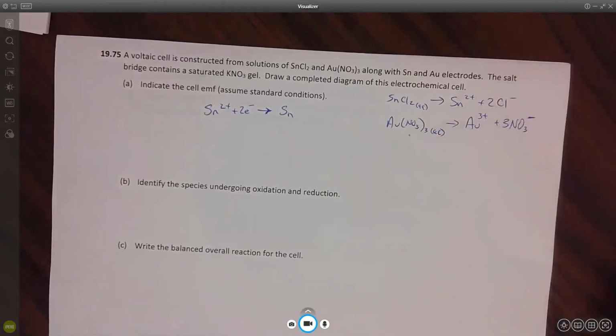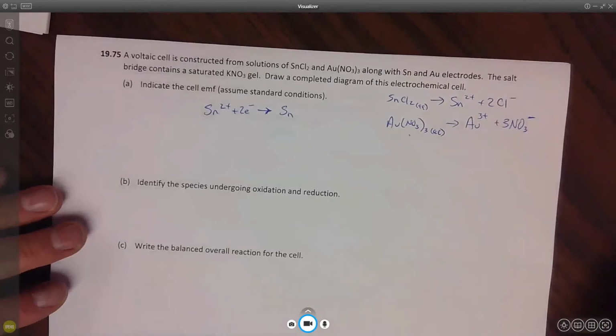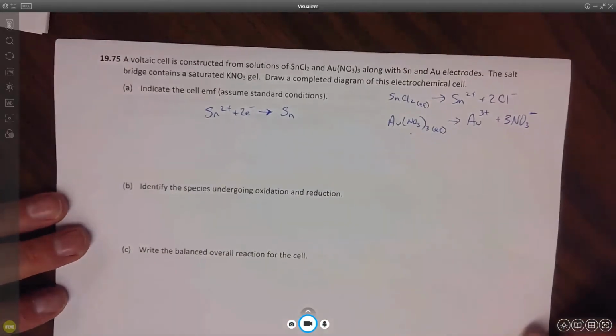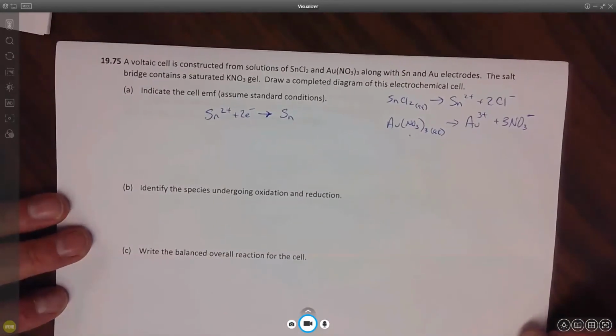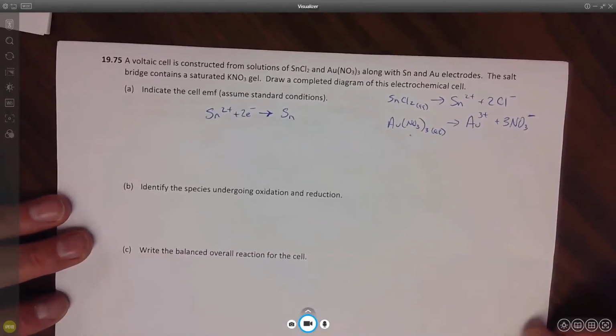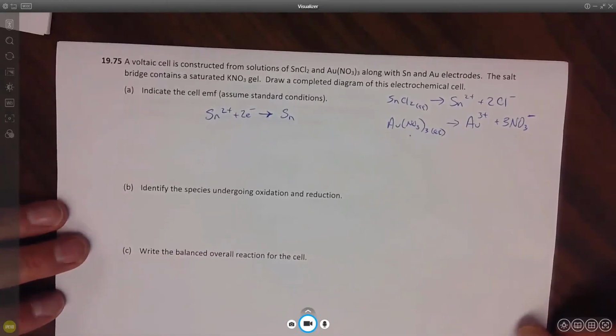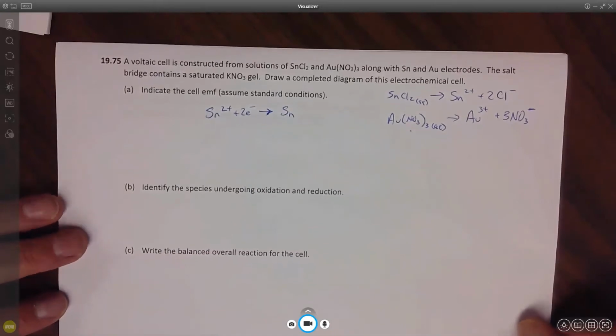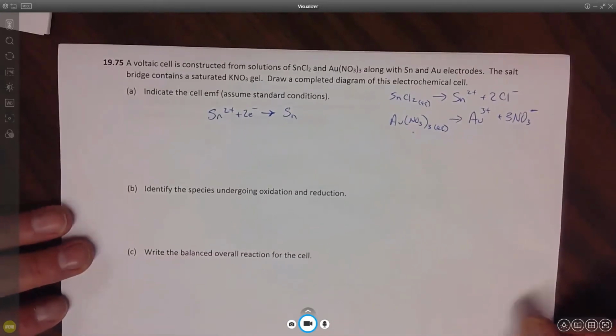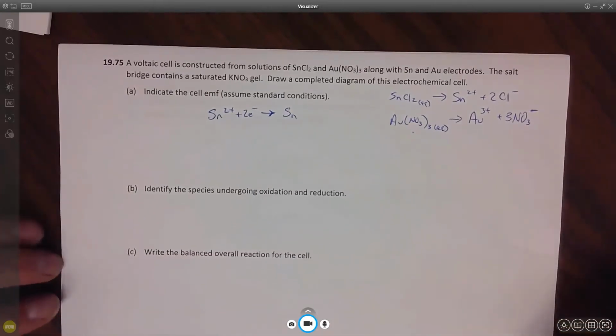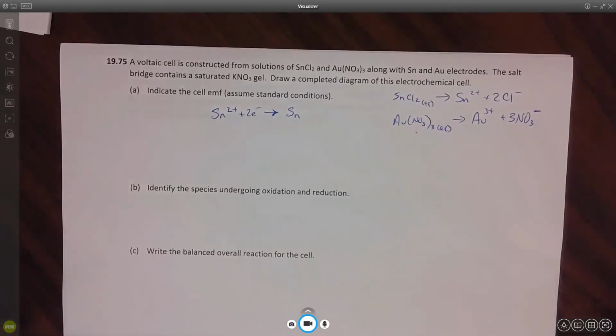Right. So what do you think the other reduction reaction is going to look like? Would you do the Au(NO3)3 going to Au3+?